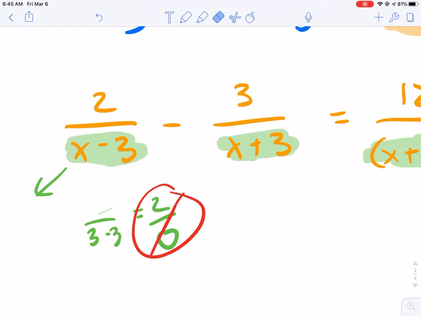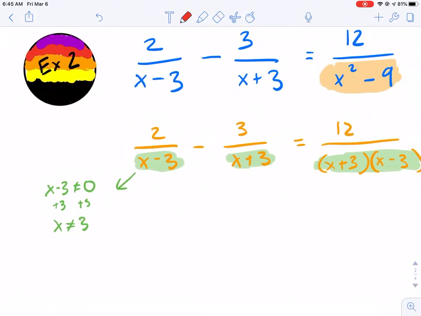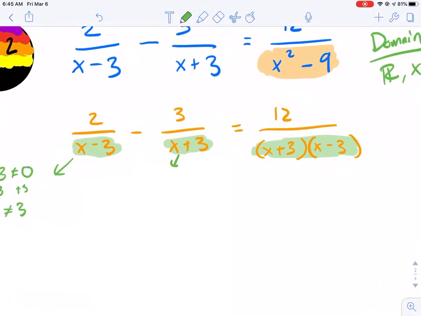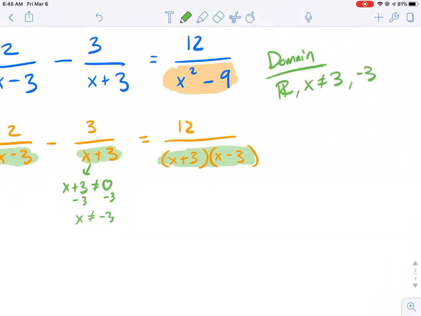3, 2, 1, erase. Okay, now let's go to the next fraction. We have 3 over x plus 3. Again, let's take a look. What will make this denominator equal 0? That's going to be an exclusion from our domain. Well, we need to subtract 3 from both sides. We get x is not equal to negative 3. So this one has 2 restrictions.